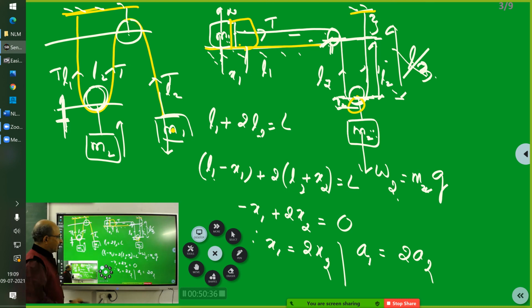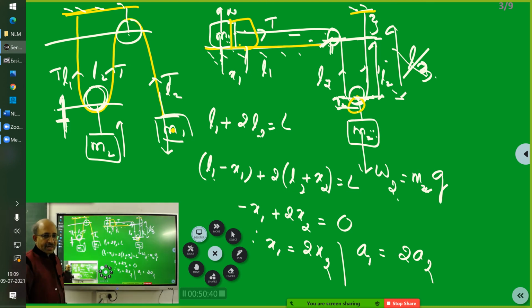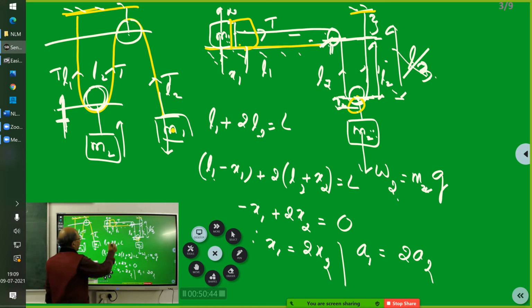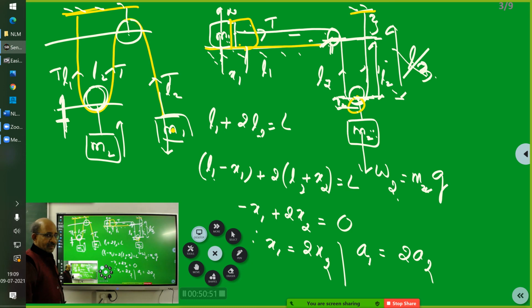So A1 will be equal to 2 times the acceleration of this. Therefore, I told here, if this acceleration is A, then this acceleration will be half of it. That's why I wrote like this. It is obvious, right?